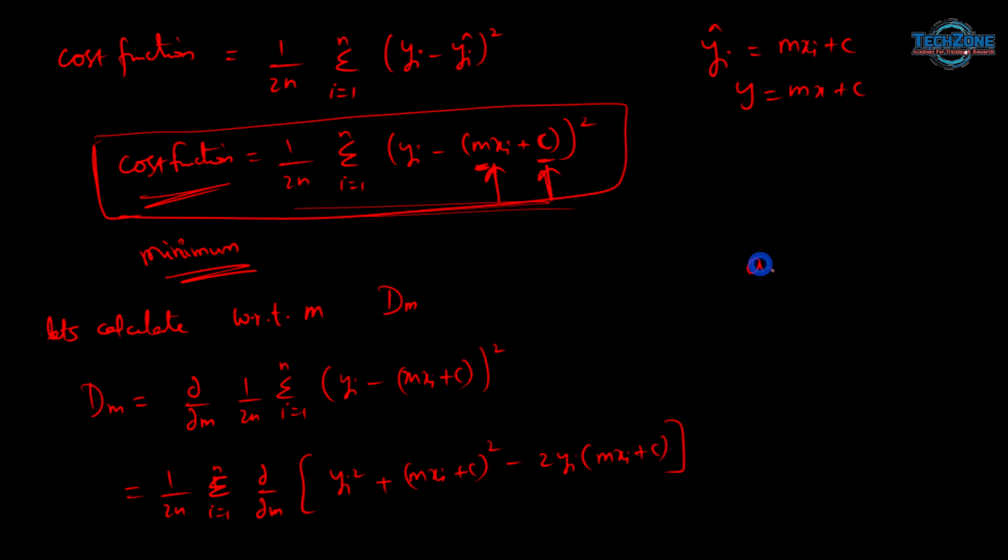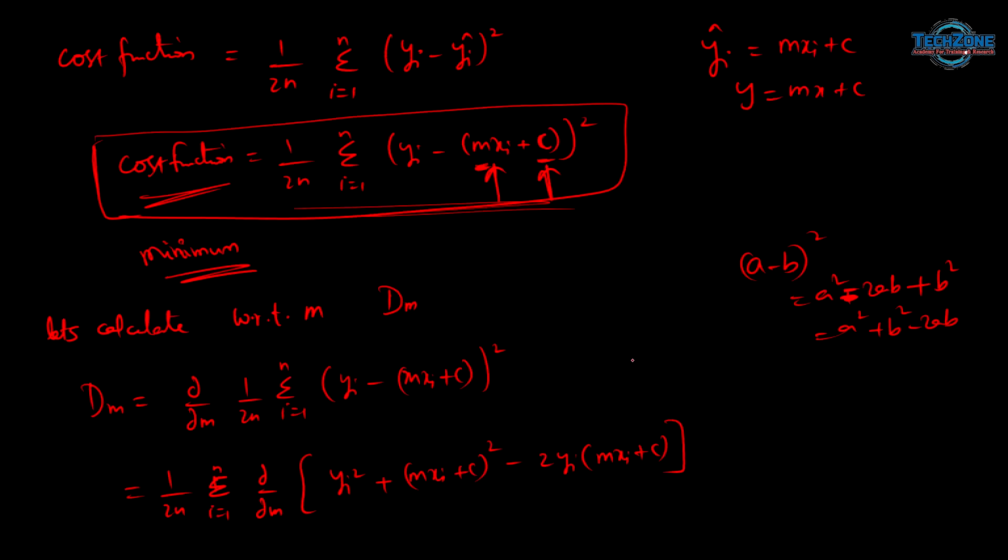I am using this a minus b whole square expansion. It is a square minus 2ab plus b square, or you can write this as a square plus b square minus 2ab, right? Same thing.